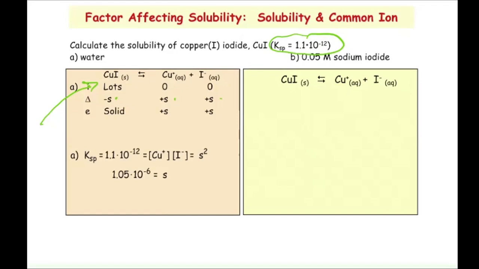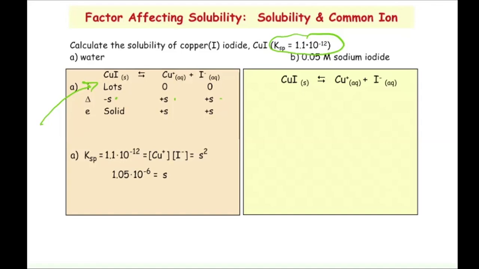Maybe you have silver phosphate. There are going to be 3 silvers for every 1 phosphate because silver's plus 1, phosphate's minus 3. So it breaks up into 4 ions. The math becomes a little bit more complicated and you guys will need to know how to solve those types of problems. But this one's straightforward.